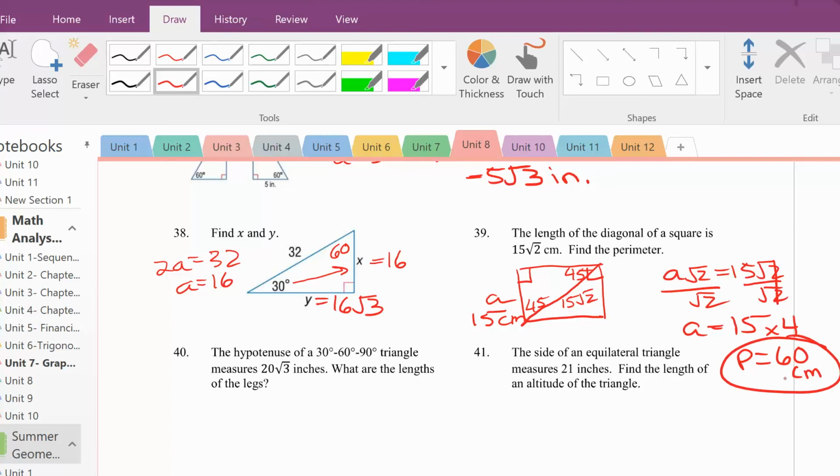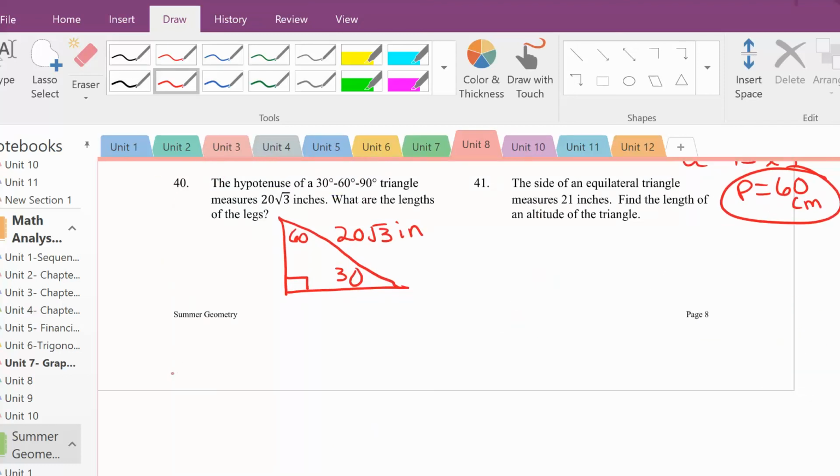The hypotenuse of a 30, 60, 90 triangle is 20 rad 3 inches. What are the lengths of the legs? Well, 2a is equal to 20 rad 3, which means when you divide by 2, you get a is equal to 10 rad 3.